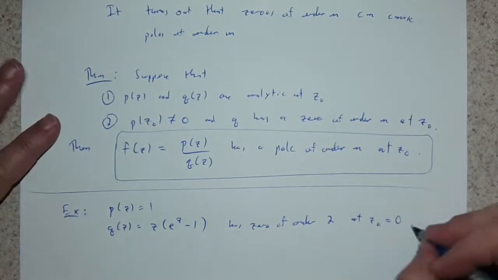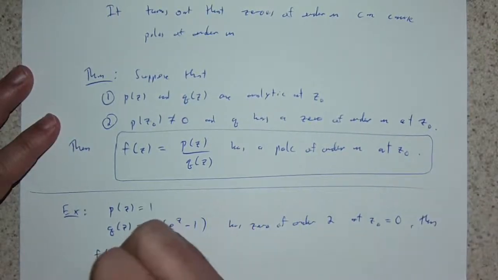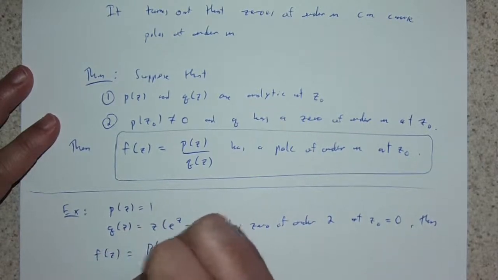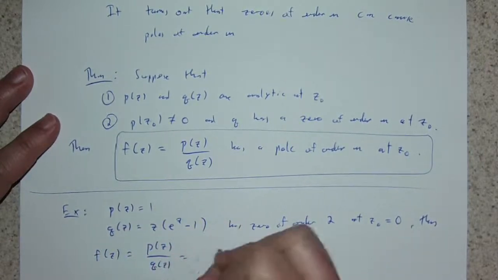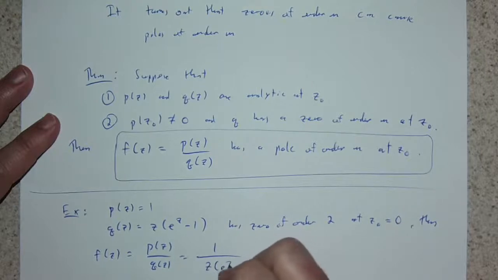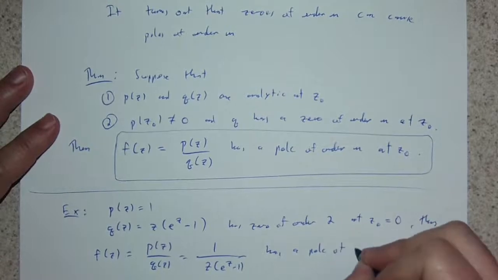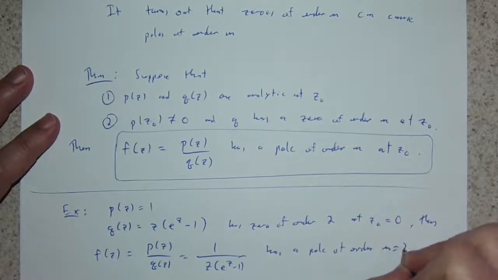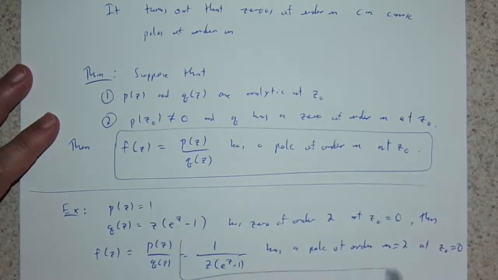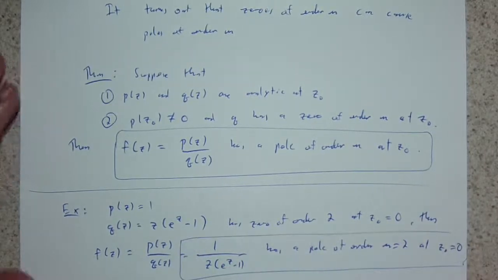Thus f of z, which is p of z over q of z, that is 1 over z times e to the z minus 1, has a pole of order m equal to 2 at 0. But actually, we knew that. This is exactly what we found in the previous examples. That had a pole of order 2 at that point.